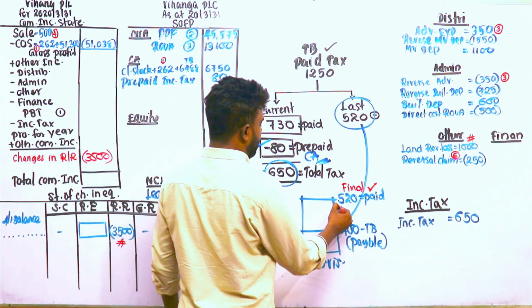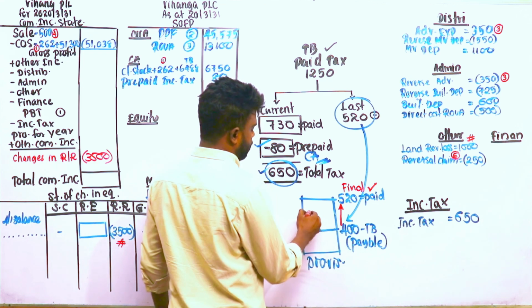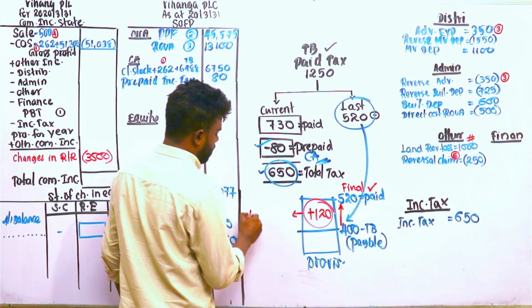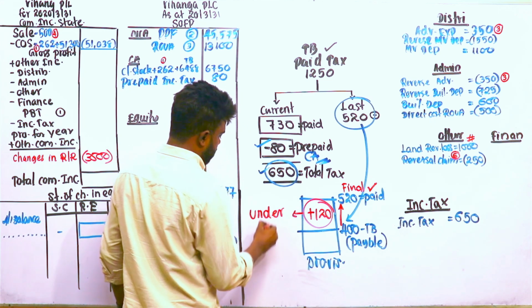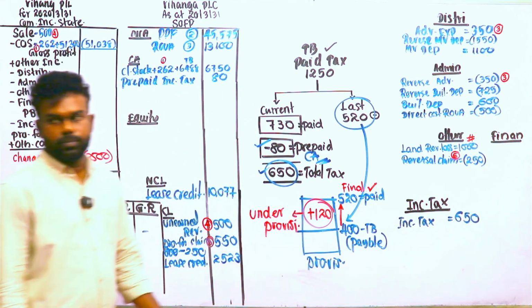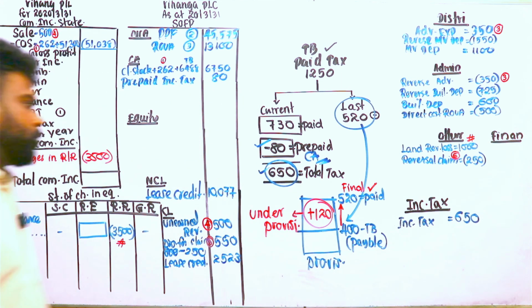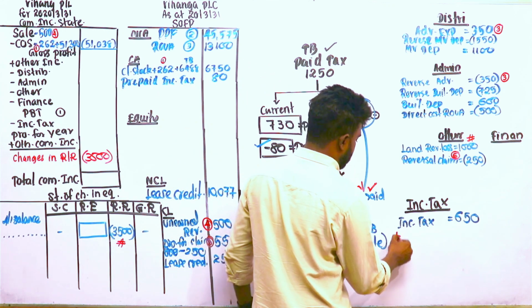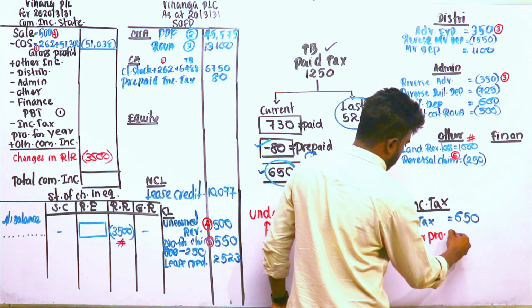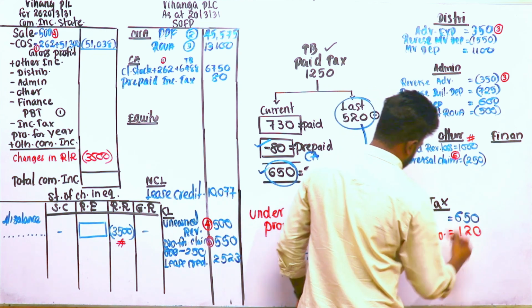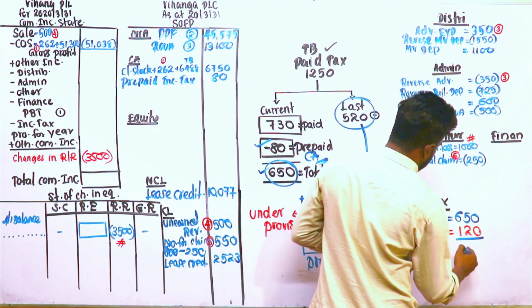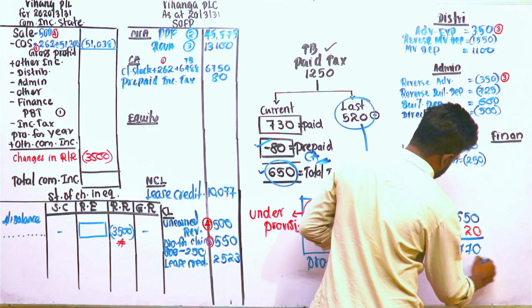You have to increase the payable balance for last year by 120. This is what we call under provision. Clear? So it should be added to the current year income tax. So total income tax is how much? 770.